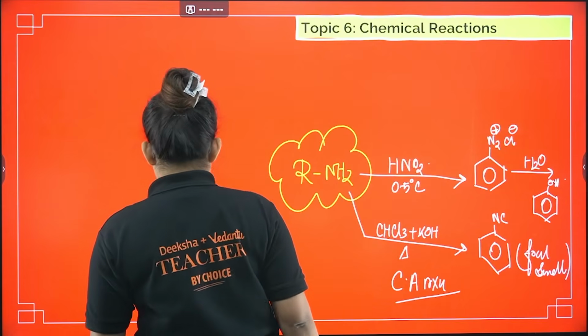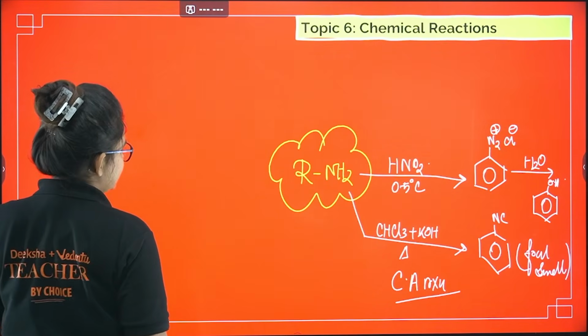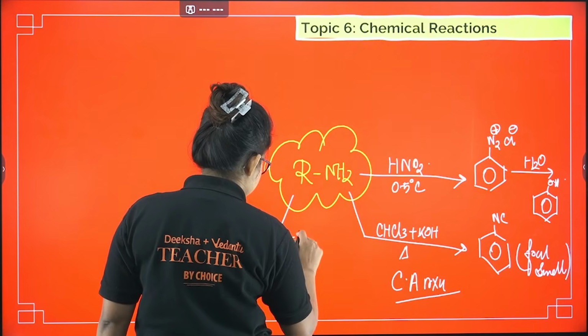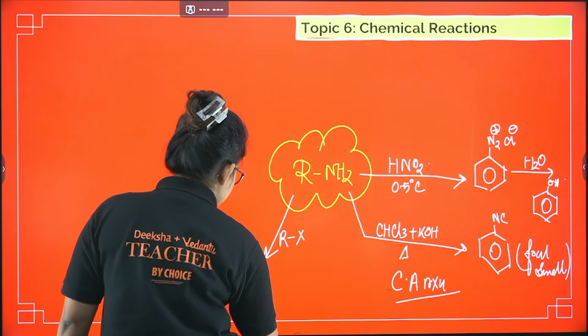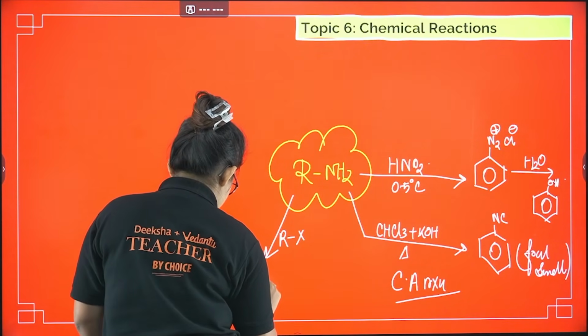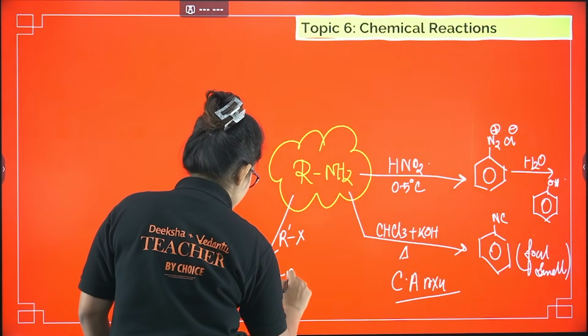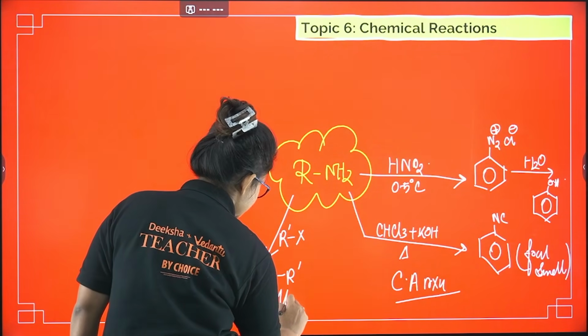Okay, next let's do alkylation. If you treat this with RX, then it will be RNHR prime. This is your alkylation.